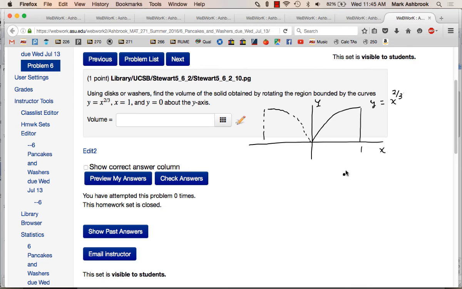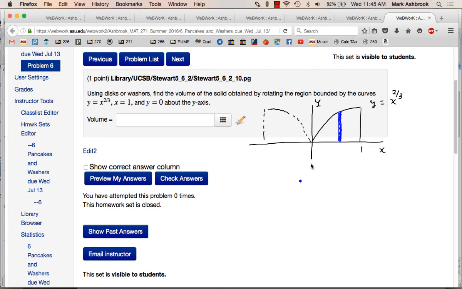Okay, so what if we instead took a typical strip this way? That would be like adding many hollow cylinders, right? She said it would be like adding together a bunch of hollow cylinders.